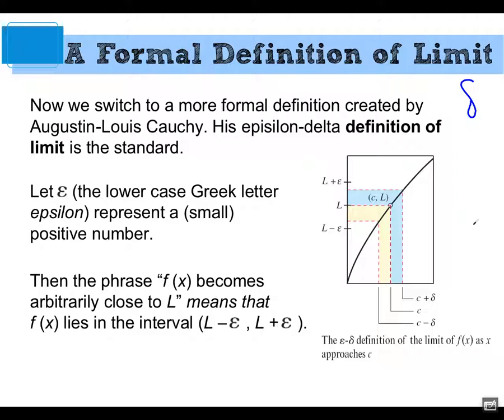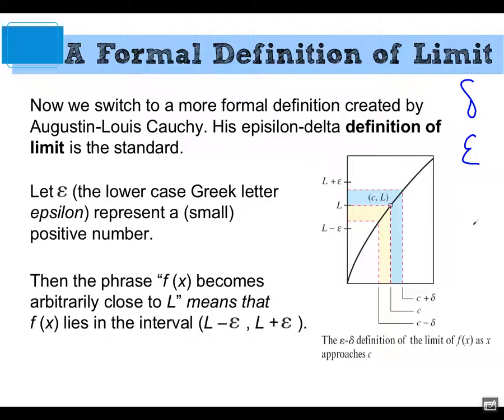When I move a little bit to the left and right of c, that's going to generate some values up here. So aside from moving to the left and right of c, I also move up and down from this limit value. That distance that I move up and down is called epsilon. It looks like a weird E. Okay. So there's delta and epsilon.